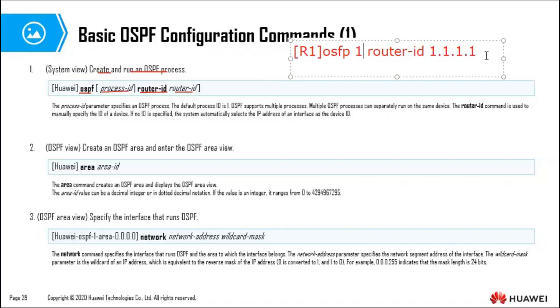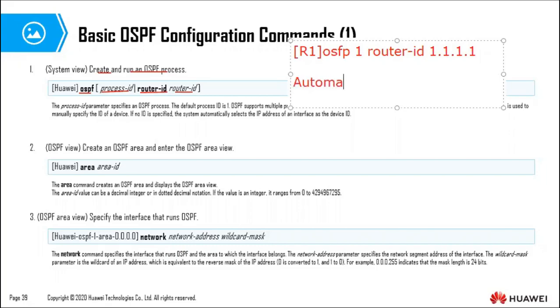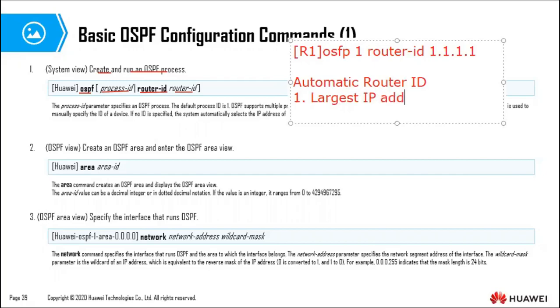Now, did I mention what happens in case you don't configure a router ID manually? Automatic router ID. What does the router do? It picks the largest loopback IP address. Remember, we said that one of the uses of logical interfaces, and specifically the loopback IP addresses, is that they are used by protocols such as OSPF.